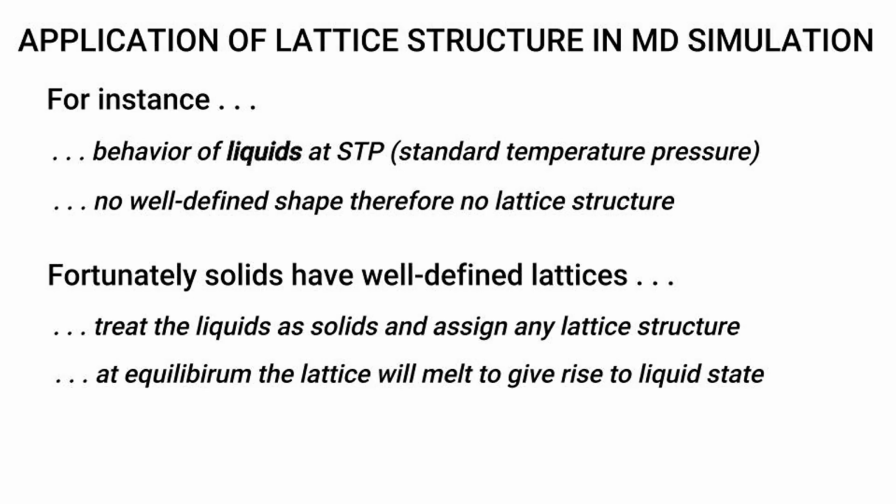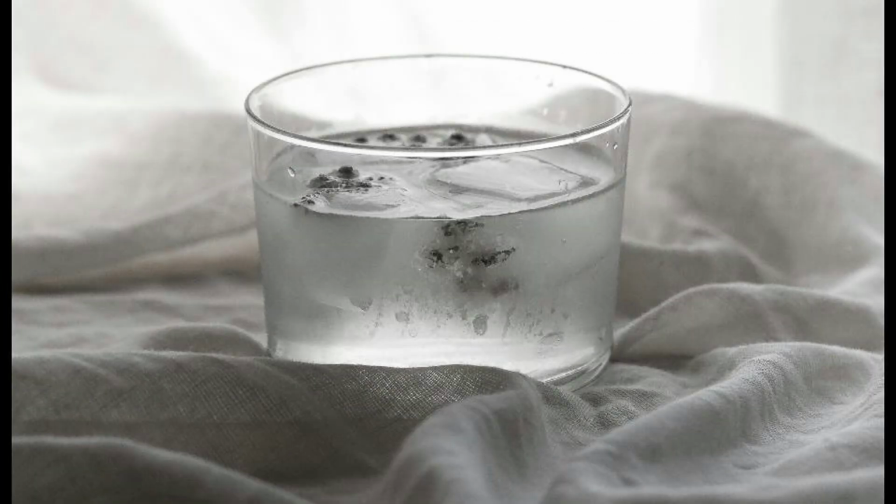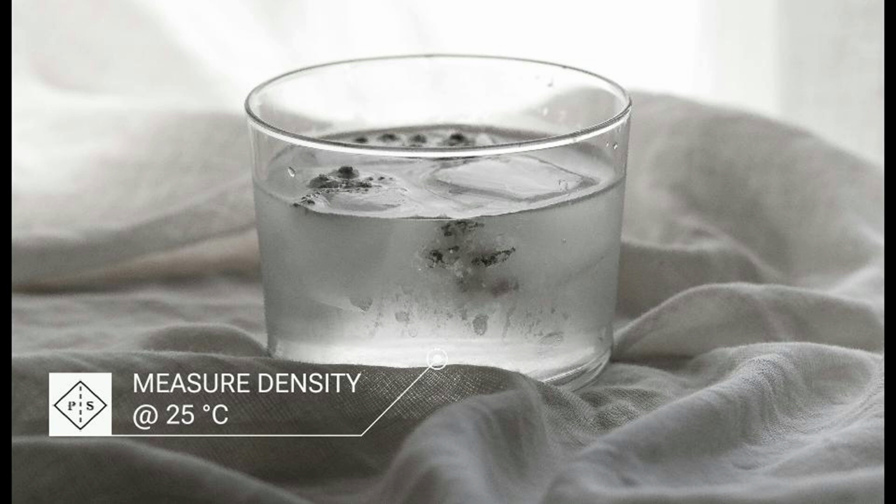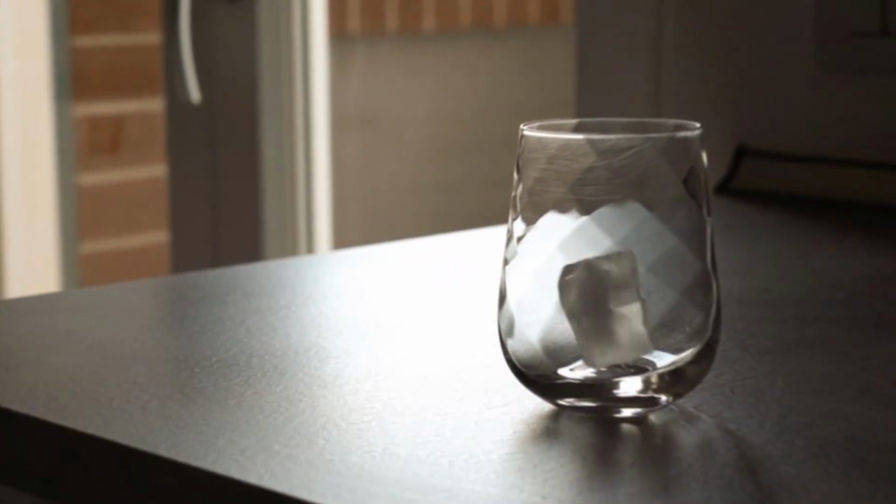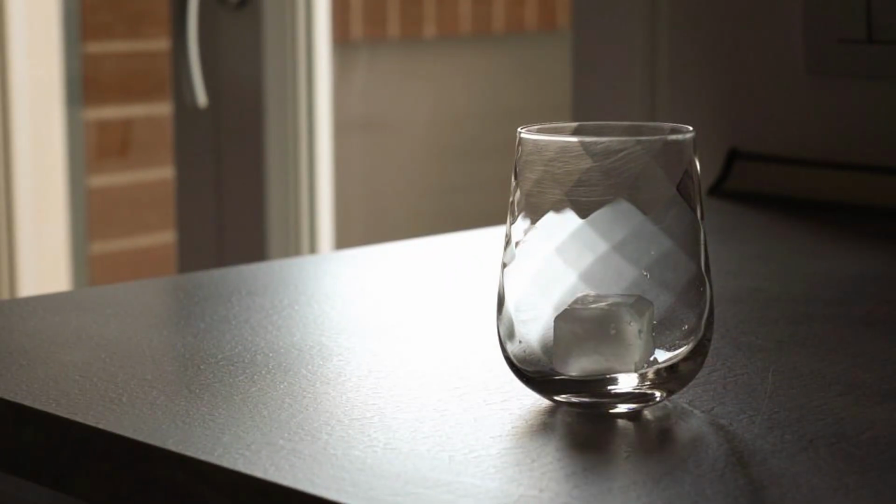We will take an example to understand this. Consider that you want to measure the density of water at 25 degrees Celsius, and at this temperature water will be in the liquid state. Therefore, we cannot assign a lattice structure to it, but we can assign a lattice structure to its solid form, that is ice.